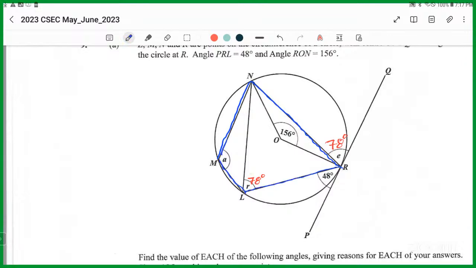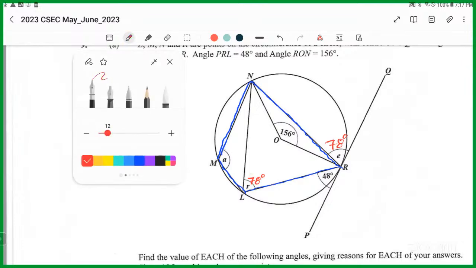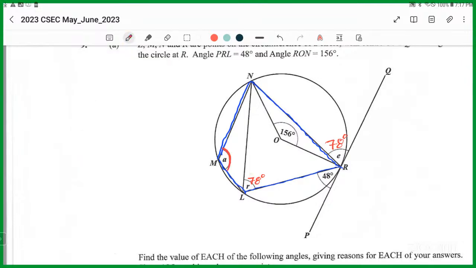And this angle A and this angle here add up to 180 degrees. Good? These three angles also add up to 180 degrees. It means that this angle is the sum of these two. Make sense?